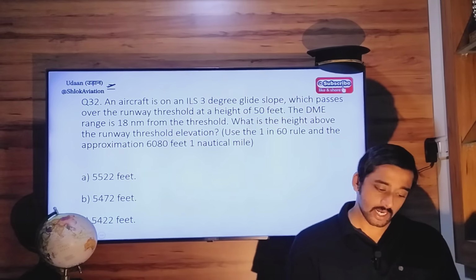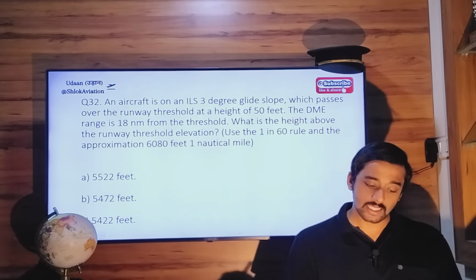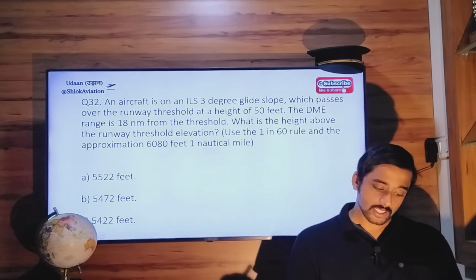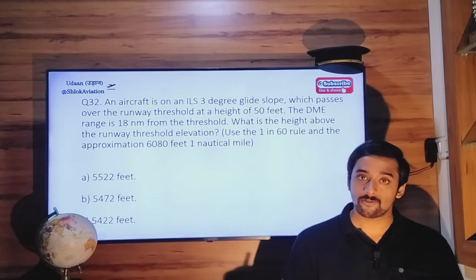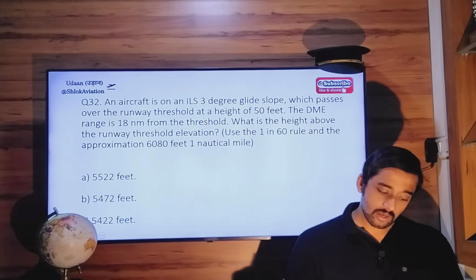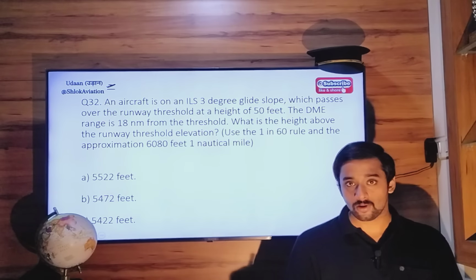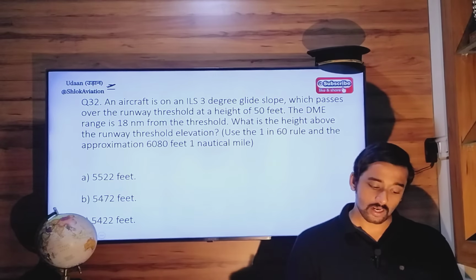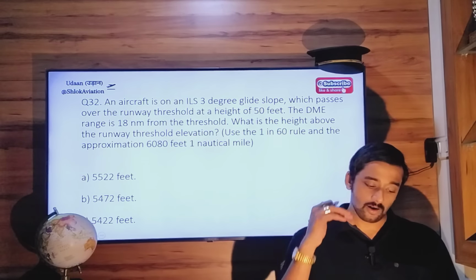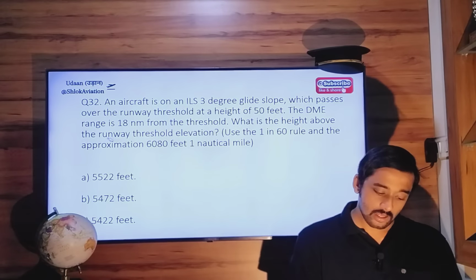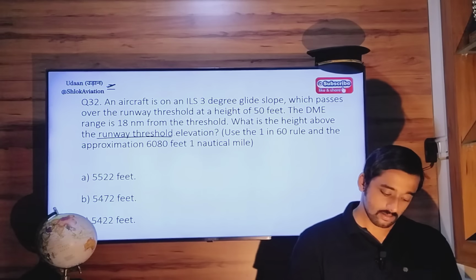Next, question number 32. Aircraft is flying on ILS 3-degree glide path which passes over the runway threshold at a height of 50 feet. The DME range is 18 nautical mile from the threshold. What is the height of aircraft above the runway threshold? Above the threshold of the runway.